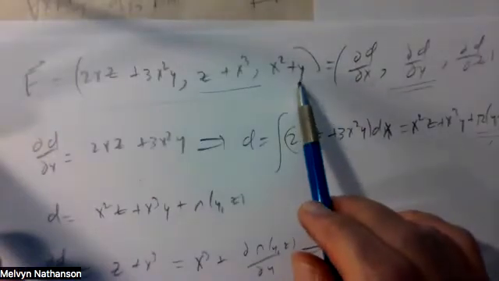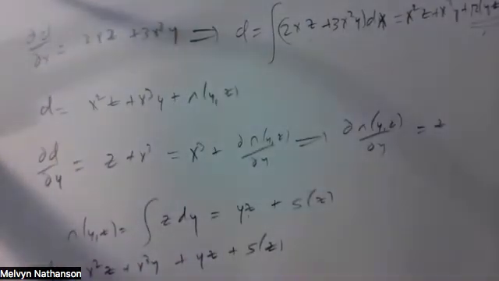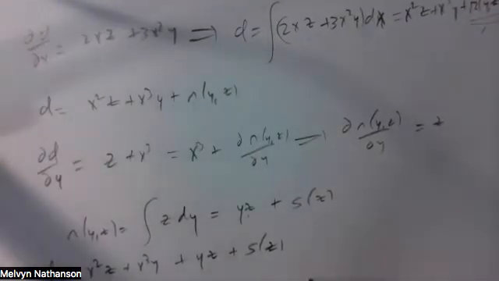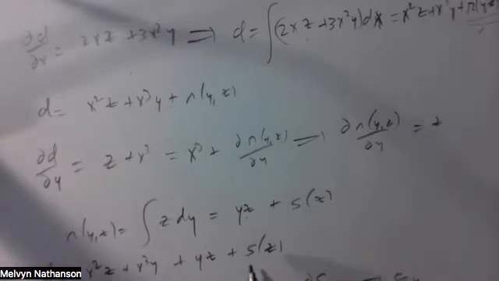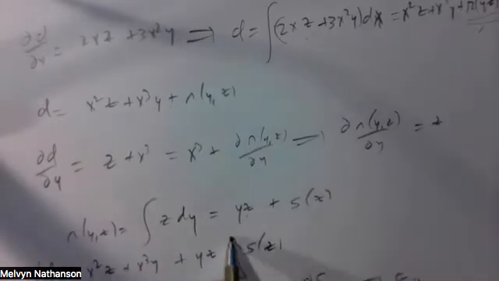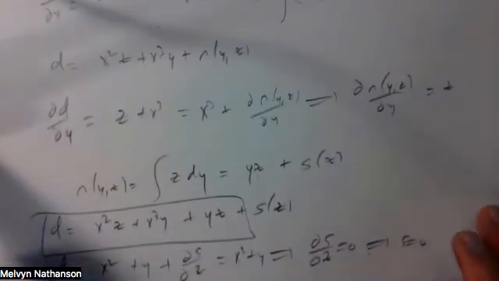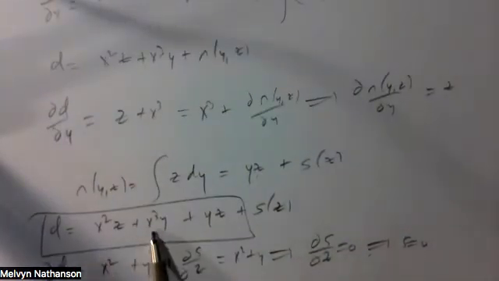And that's going to be equal to the third component of the vector field f, that's x² + y, which means the partial of s with respect to z is 0, which means s is a constant. So I can take the constant to be 0, and I found my potential function, x²z + x³y + yz. Right? So this is kind of unpeeling the onion, going backwards.